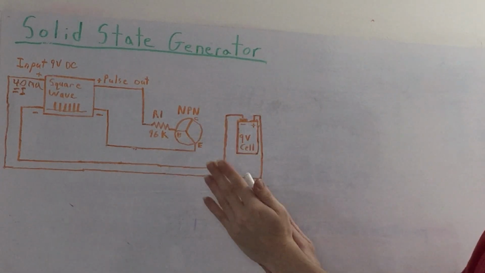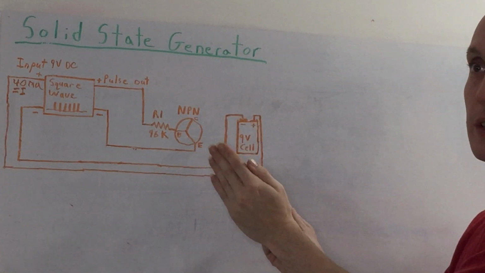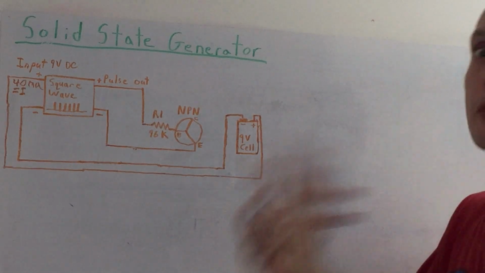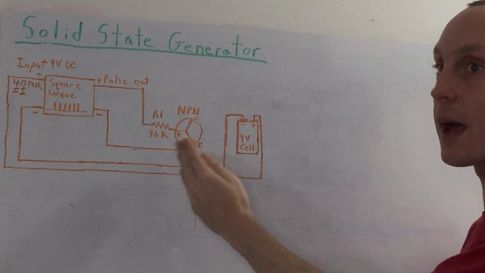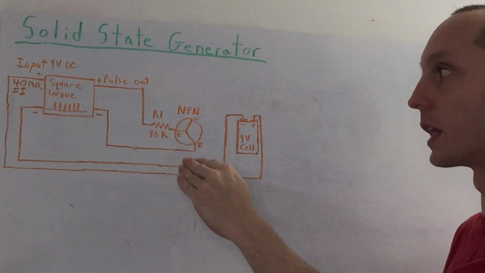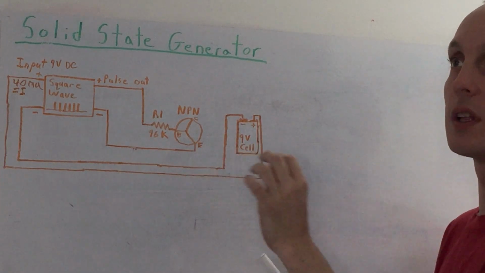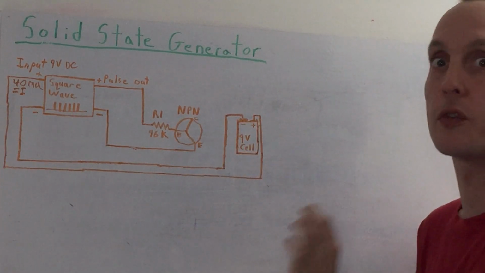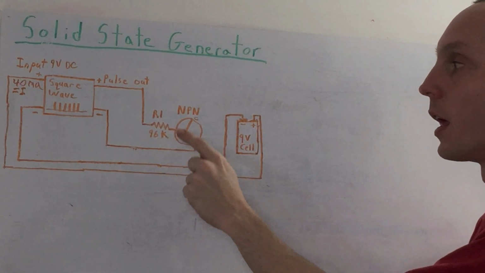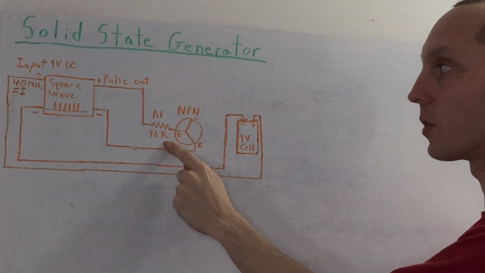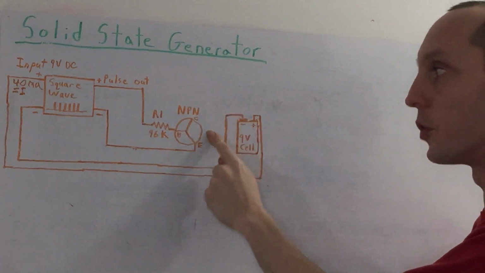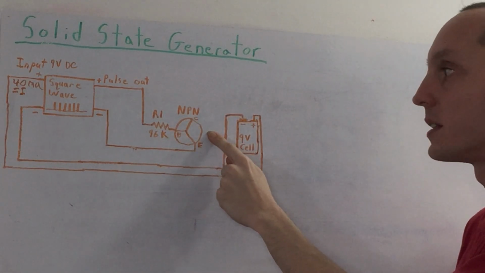That's the optimal saturation mode of the transistor, which will turn it fully on. Now what happens is, if you give it a little lower, even half a volt, it will slightly turn on, but not fully on. So if we have the wrong resistor value, we may not be fully turning on our transistor.